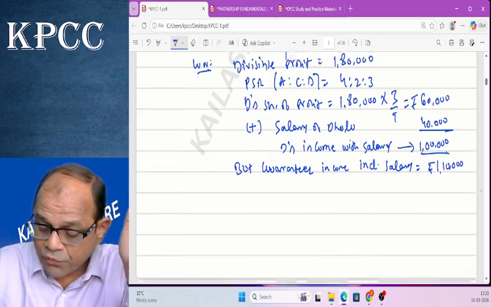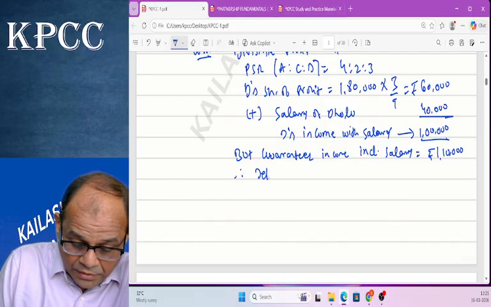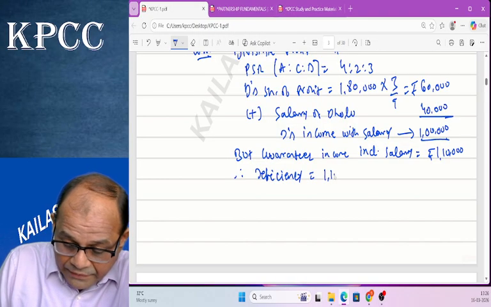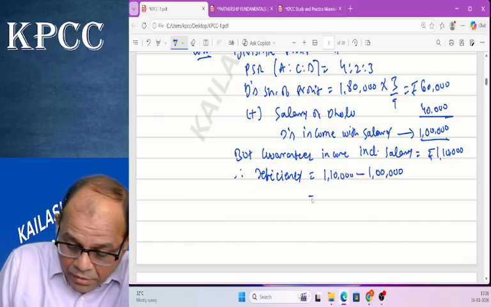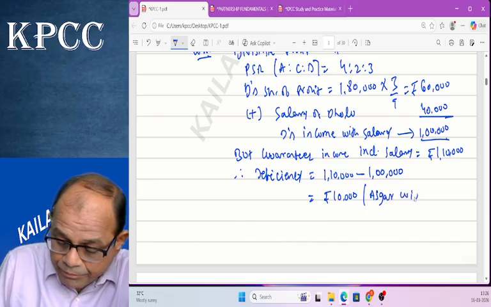So how much amount is falling short? 10,000 rupees. Therefore there is a deficiency: 1,10,000 minus 1 lakh, rupees 10,000. Who will bear? Asgar will bear.